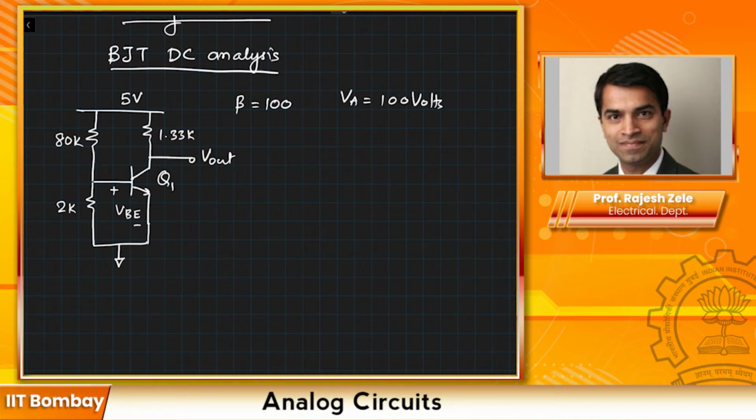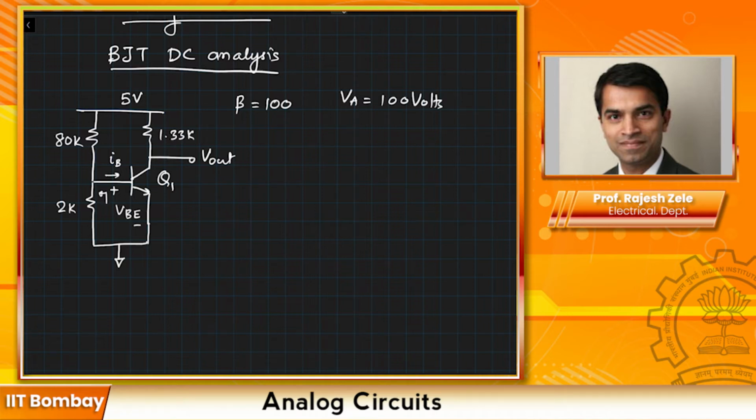The first thing we will do is ignore the base current in this particular circuit, which is going to flow here, IB. We are going to ignore that, and look at what our base to emitter voltage is looking back.